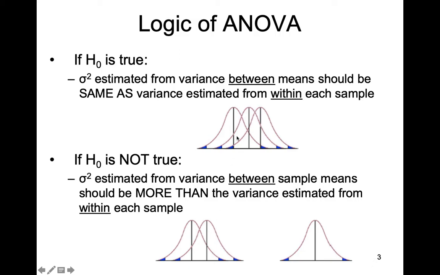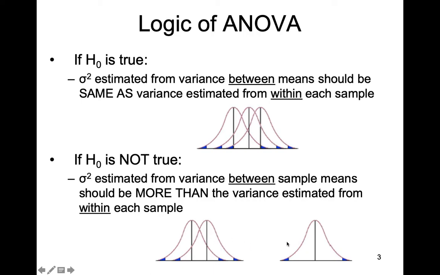However, if we estimate the population variance using the between means approach, and the populations are all overlapped exactly on one another, we sample a mean, sample a mean, sample a mean, there should be less variability between those sample means than there would be when the null hypothesis is not true and there is some true effect in the population. For example, if securely attached people report more trust than people that are anxiously attached or avoidantly attached.